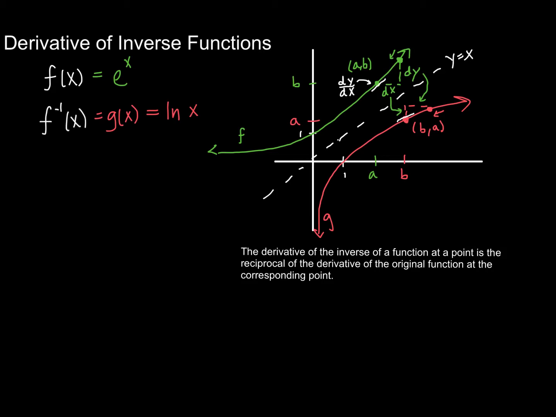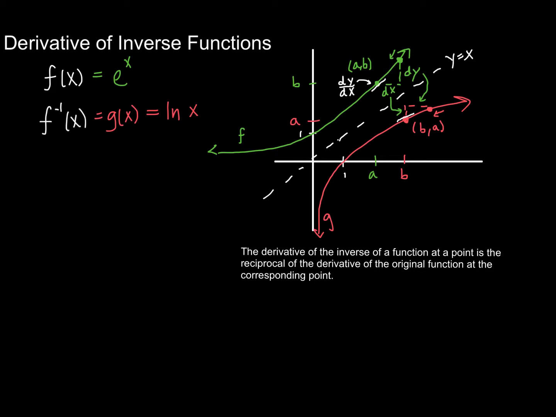All right, so now let's take our verbal understanding and our graphical understanding and use it to create an algebraic formula for finding the derivative of an inverse. What we're going to do is sort of just piece by piece take this verbal argument apart and represent it algebraically. So let's start with this, the derivative of the inverse of a function.